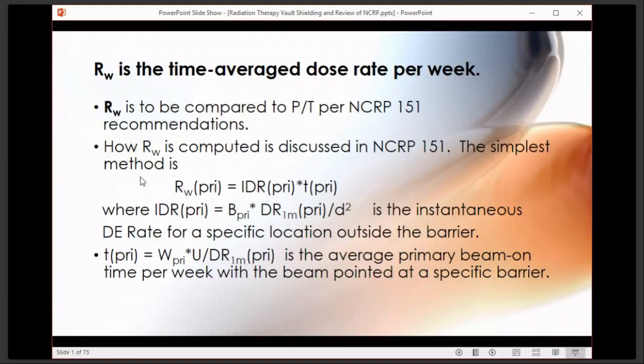It's nice to calculate this way because this is what the inspector should expect to have as a weekly dose when he measures an instantaneous dose rate of this value. If you can give him these values, then he can say, oh yeah, that's RW is less than whatever the limit is for that particular area.